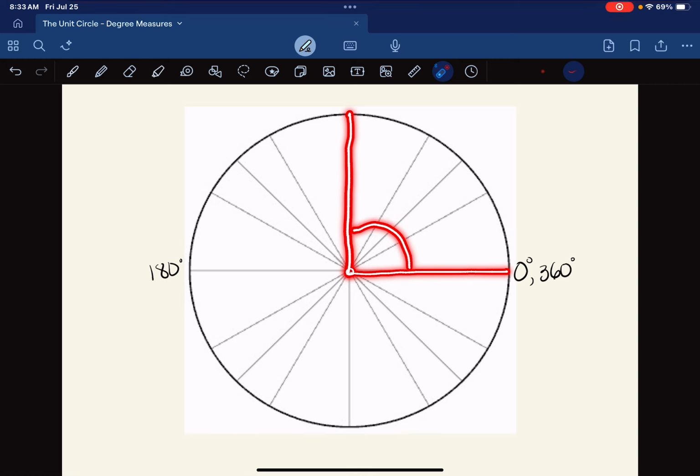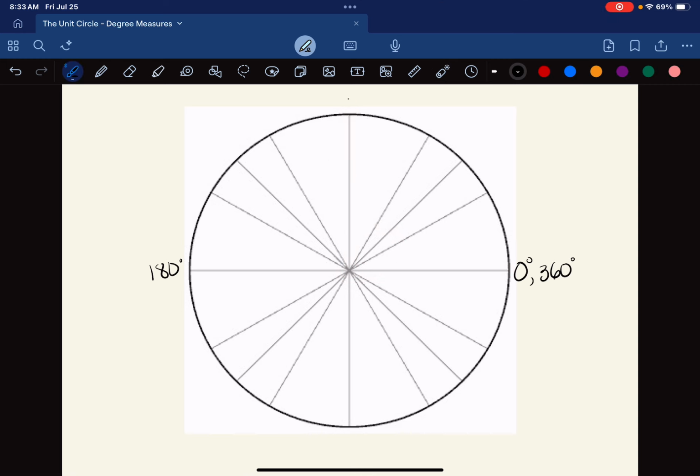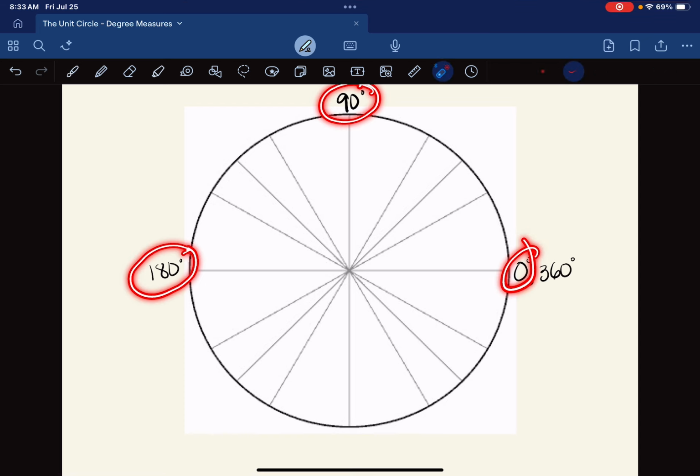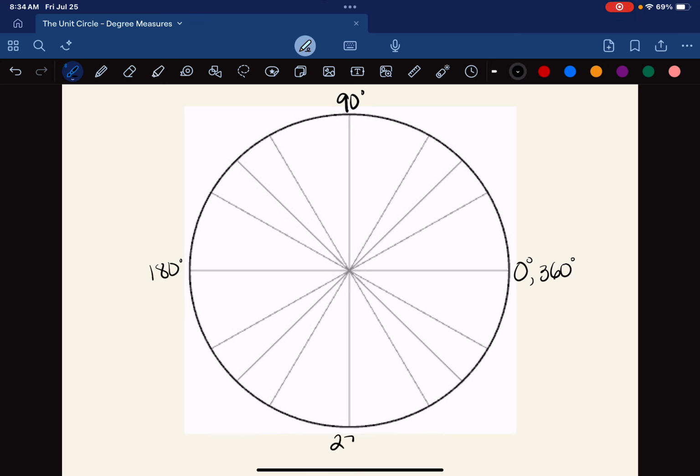How big of an angle measure is that? Well, half of 180 is only 90 degrees. So a 90-degree rotation is just a quarter of a rotation around our unit circle, okay? So we've got 0 degrees, we've got 90 degrees, we've got 180, plus another 90, we would label this down here as 270 degrees, plus another 90, of course, we land back at 360.